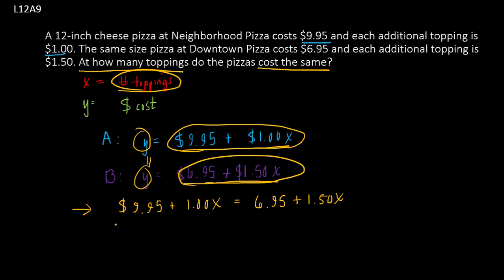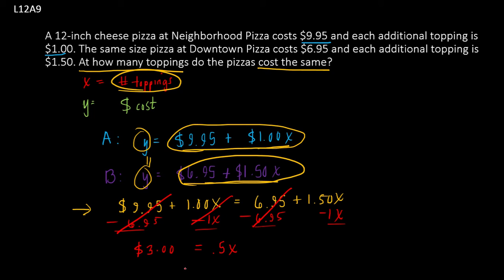Okay, let's simplify. So to do that, we'll subtract 1x from both sides of the equation and $6.95 from both sides of the equation. So on the left-hand side, that means we end up with $3. $9.95 minus $6.95 is $3. 1x minus 1x is nothing, so I get $3 equals, my $6.95s cancel out, 1.50 minus 1 is 0.5x.